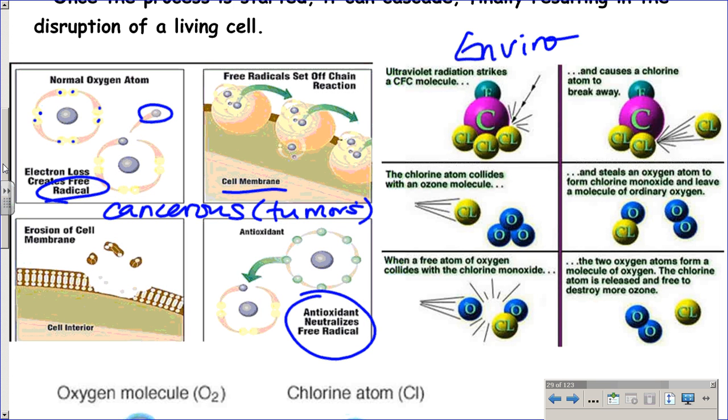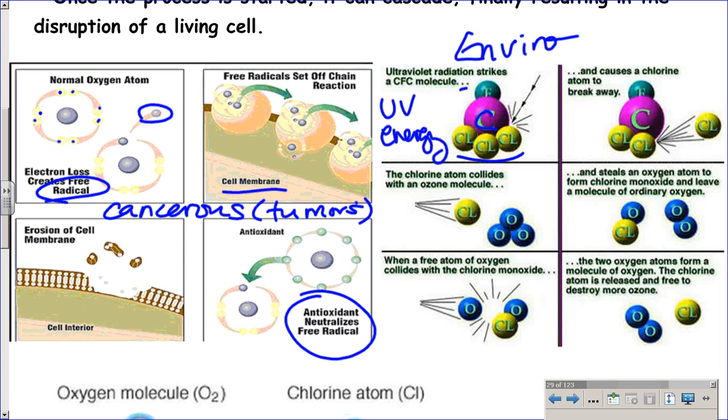You can see that chlorofluorocarbons, CFCs, are going to be in the atmosphere. So you can see a carbon with 3 chlorines and a fluorine group up there. Whenever you have UV, which is energy, strike those things, which should not be in our atmosphere, right? Those are coming from things like hairsprays and air conditioners.